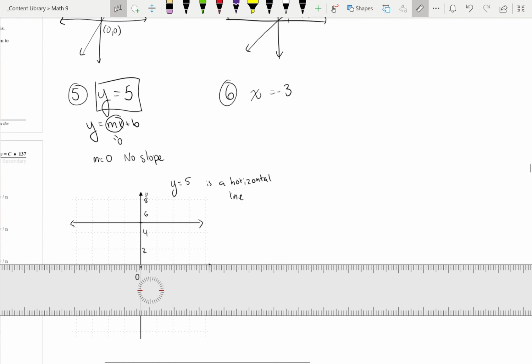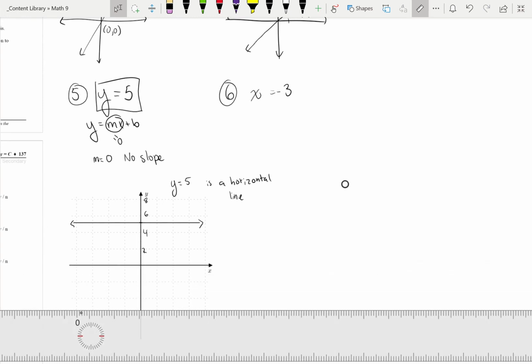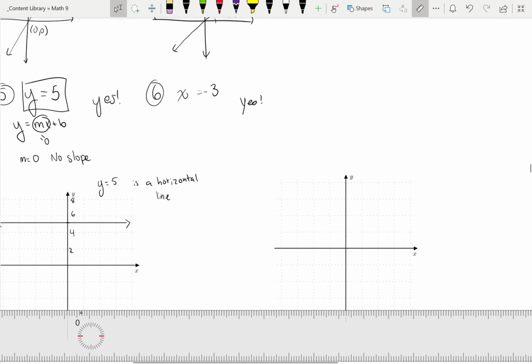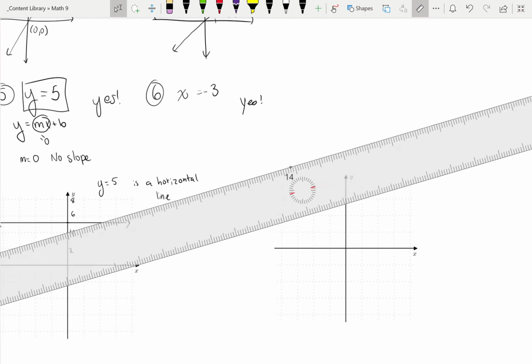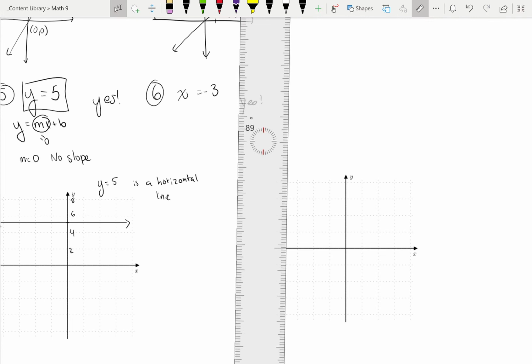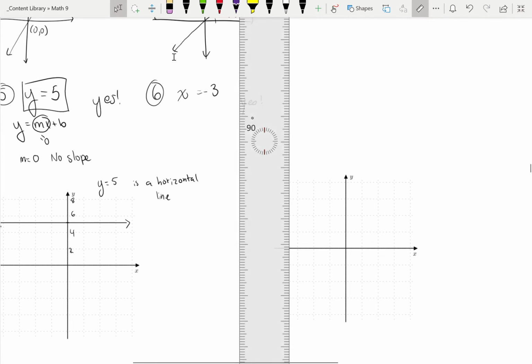Now, it's a little bit harder to show with question 6, but the answer to this one also is yes. And it is for 5 as well. With x equals -3, we run into the opposite case where now it doesn't matter what y is, x is always going to be -3.